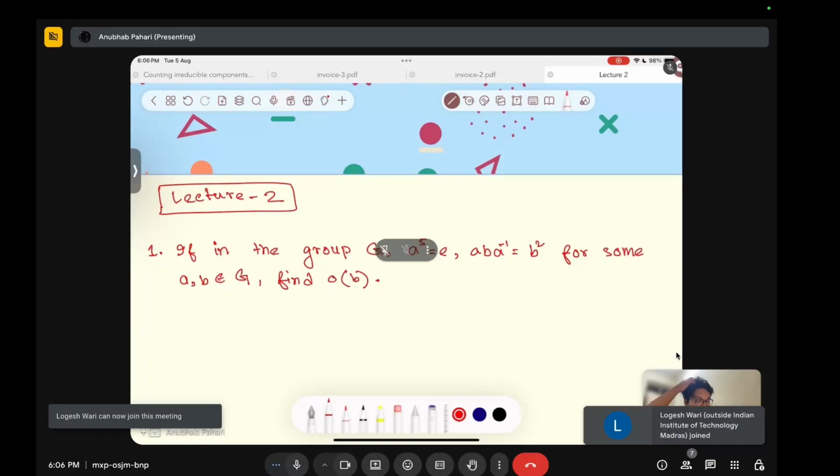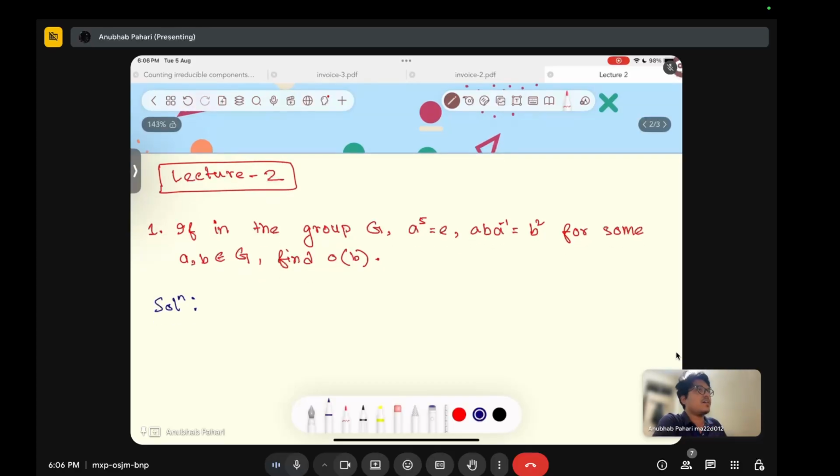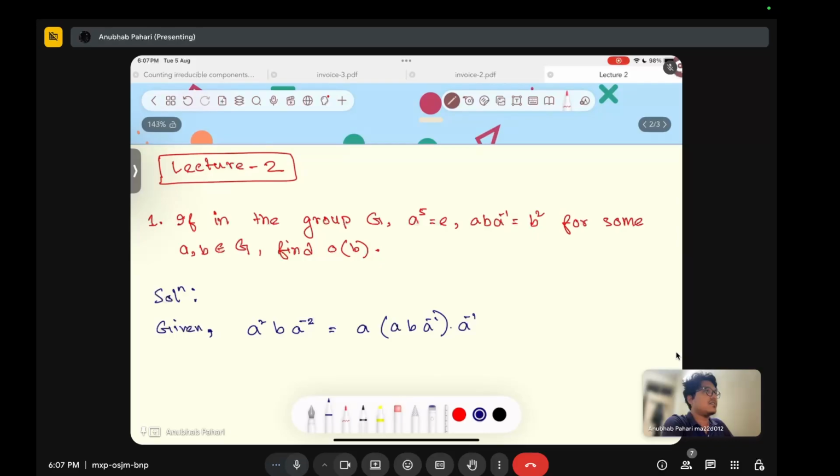Okay, so let's start solving this. Solution. Given, a square b a minus 2 should be a into a b a inverse, a inverse, and you are given that a b a inverse is b square, so we'll replace this by a b square a inverse.